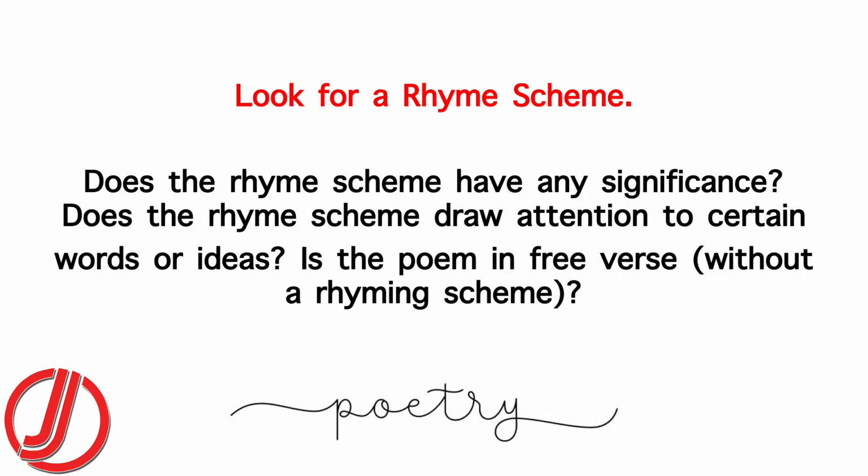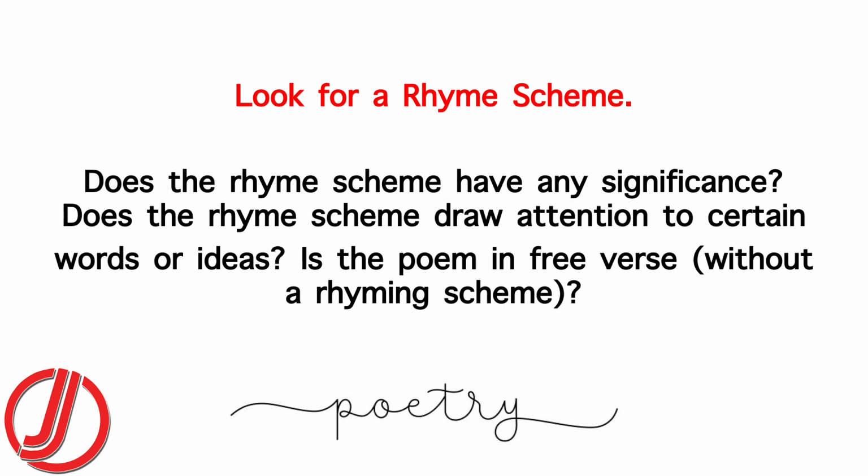You also have to look for a rhyme scheme. See if it is of any significance, or if it draws attention to certain words or ideas, or if it is written in free verse style, not having any rhyme scheme. You get some idea about the rhyme scheme when you see the ending of each line.